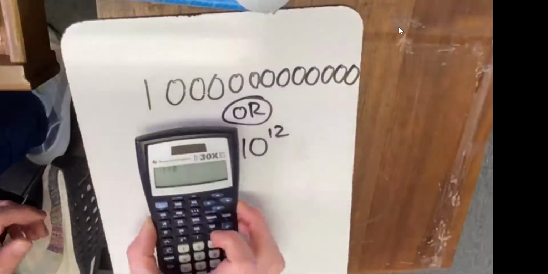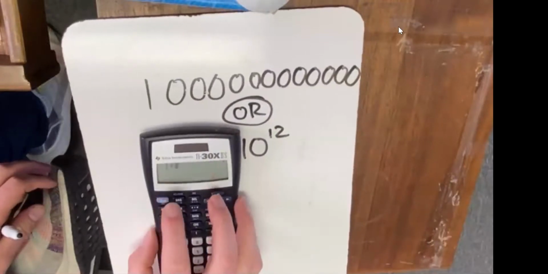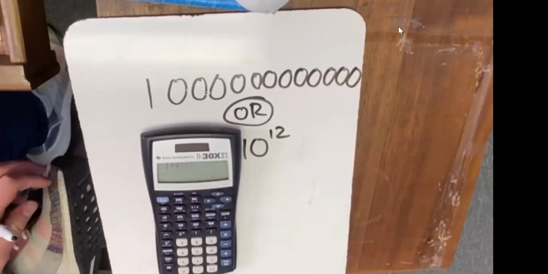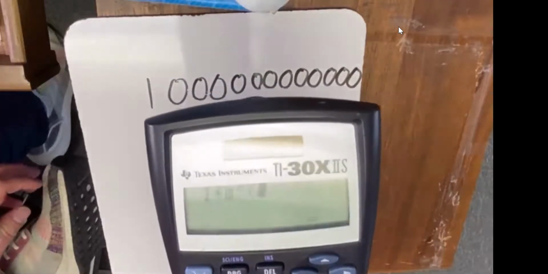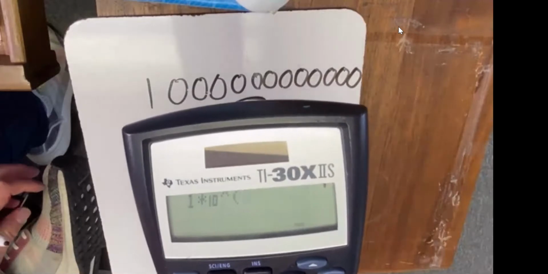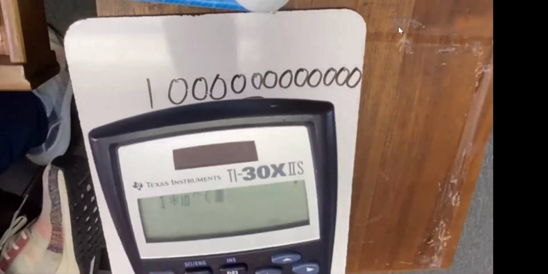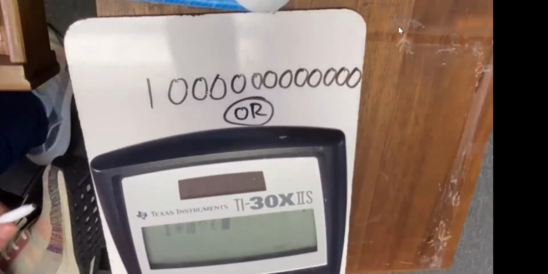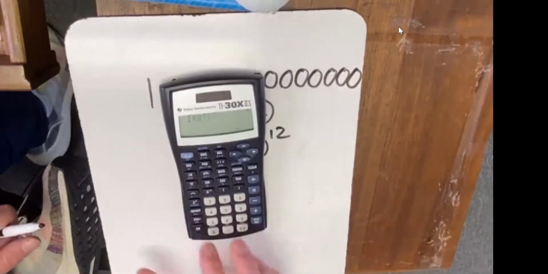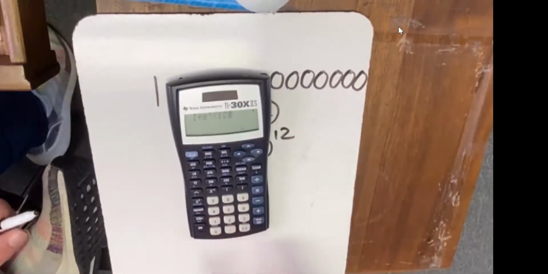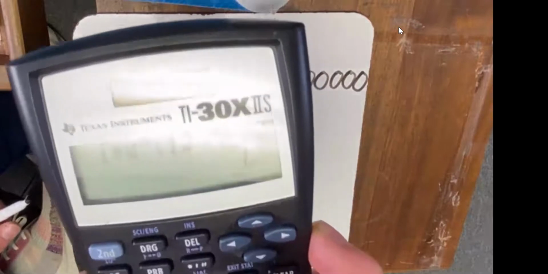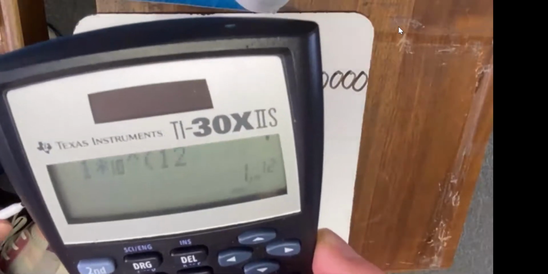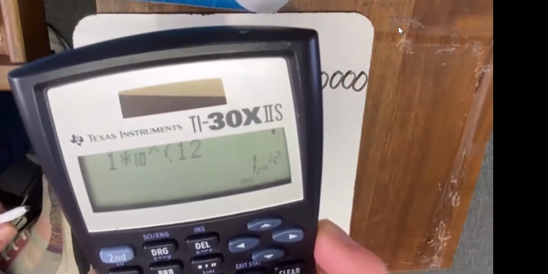I'm going to press second, and then it will bring up the 10 to the x. So far on my calculator, it looks like this: 1 times 10, the little caret, that means it's going up. It's going to be a small number, and then I need to write in the parenthesis 12. 1 times 10 to the 12. Now it's going to give me 1 times 10 to the 12. So that's how we type it into our calculators, okay?